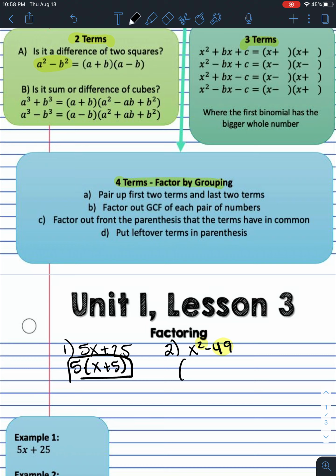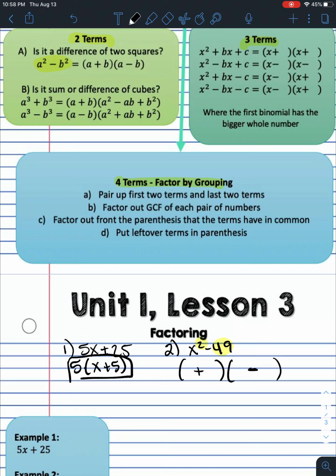So that means my answer is going to be set up as, my binomials are going to have a plus and a minus. Okay, according to the rule up here, I'm going to have a plus in the first binomial, and a minus in the second binomial.